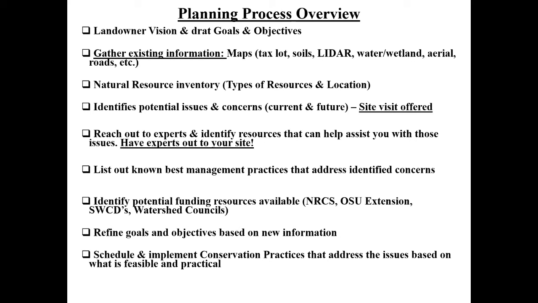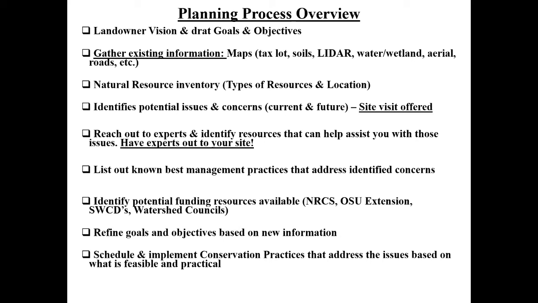Then the other thing is identifying potential funding resources. I heard a couple of landowners mention, but there are grants out there that can help landowners meet their planning goals, their natural resource goals, as it may relate to soils or planting, pollinator habitat, agricultural concerns such as runoff.